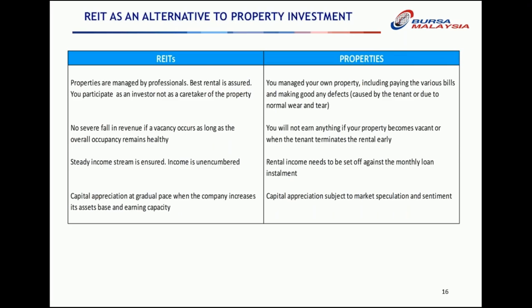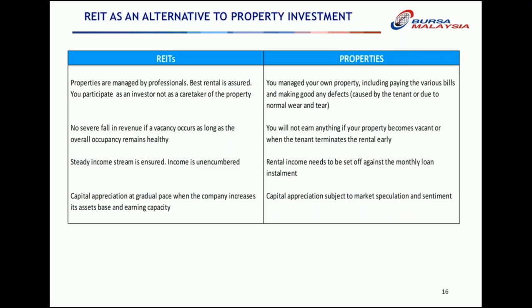If suddenly one tenant decides to terminate their lease, it's not a major problem, because tens of thousands of rental per month is a small percentage versus the overall revenue that could be more than 100 million a month. So in that sense, that vacancy will not very severely impact the top line.